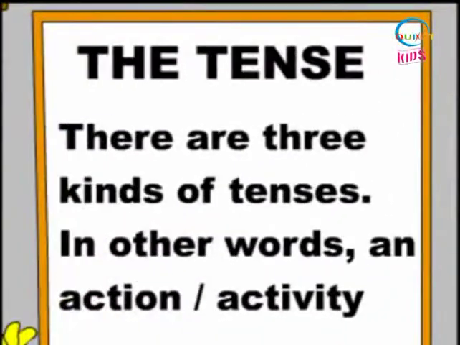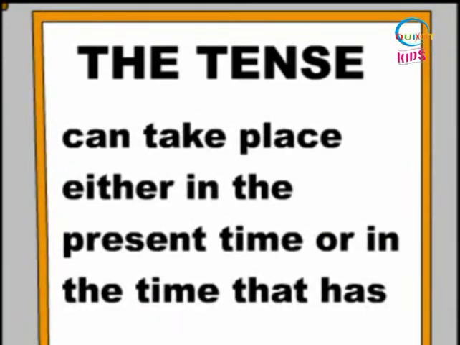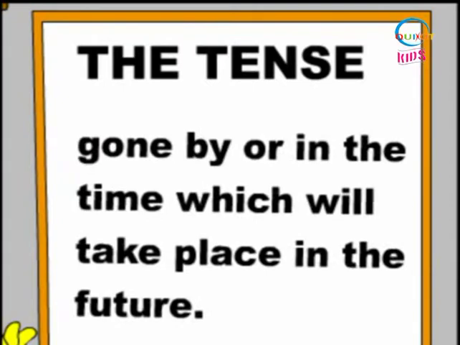The tense. There are three kinds of tenses. In other words, an action or activity can take place either in the present time, or in the time that has gone by, or in the time which will take place in the future.